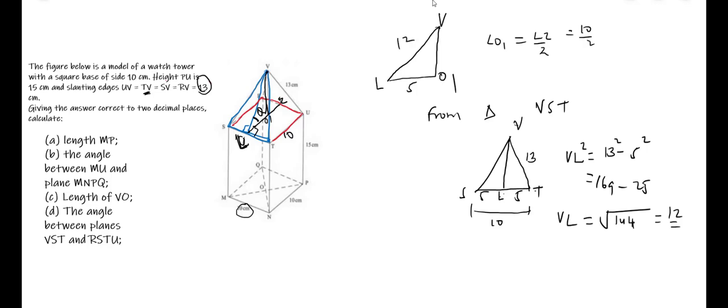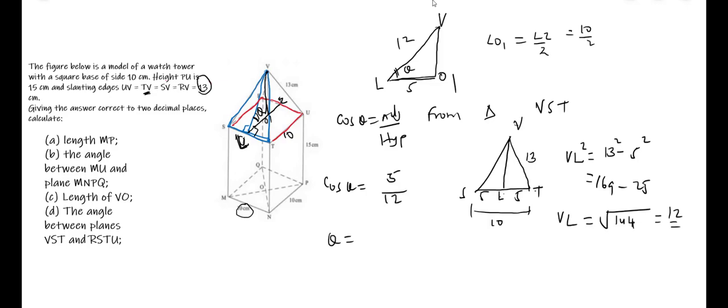So the angle we want is this angle theta, and we are going to use the trigonometric ratio cos, because cos theta is the adjacent side to the angle over the hypotenuse. The adjacent side to the angle is 5. Cos theta equals 5 over 12, the hypotenuse side being 12.